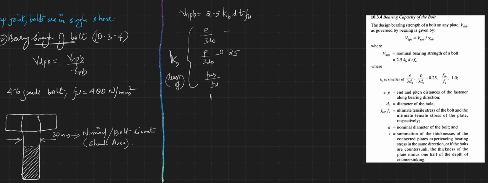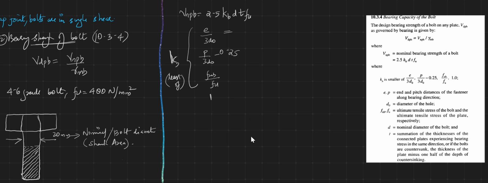So first you need to understand what this e is. It is written that e is the end distance and p is the pitch distance of the fastener along the bearing direction. Since in this question it is not given, we can take e as the least condition given.